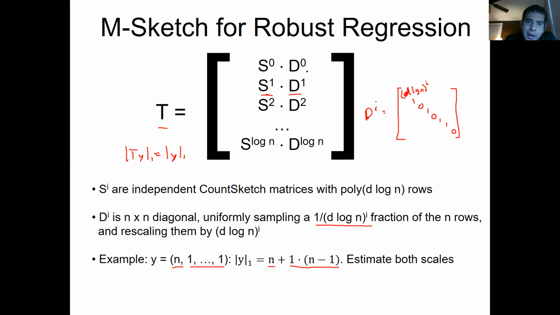So if you look at the top level, this top block, D0 is just the identity matrix. So S0 is a count sketch. And what's going to happen in a count sketch, I have a small number of buckets, and I'm throwing, n goes to some bucket. You might get scaled by plus or minus 1. And all of these other coordinates also get thrown to buckets. And I get a bunch of plus minus 1s here, I'm adding them all up in all these buckets.